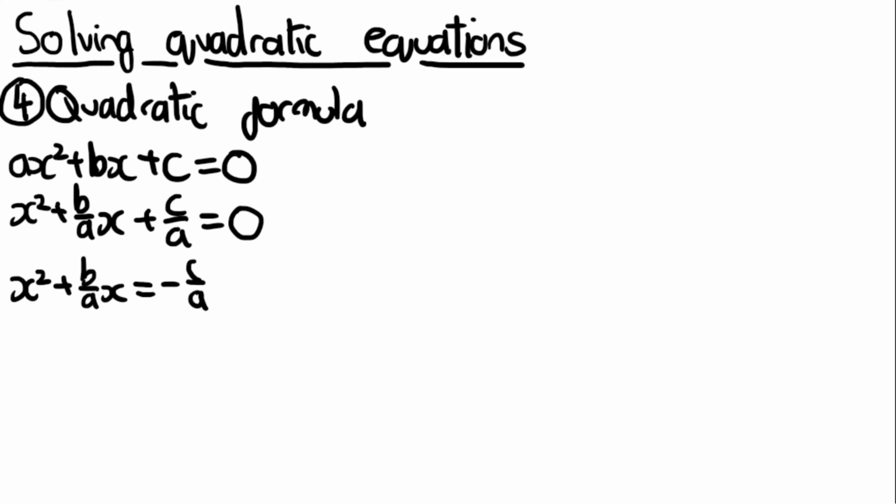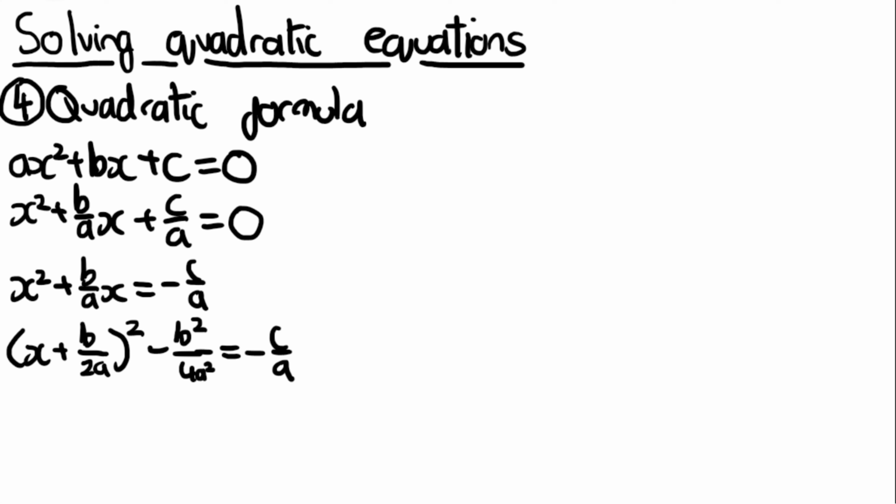Then you use the traditional completing the square trick by doing x plus b over 2a squared minus b squared over 4a squared, which is equal to minus c over a. Then you bring the minus b squared over 4a squared onto the other side.